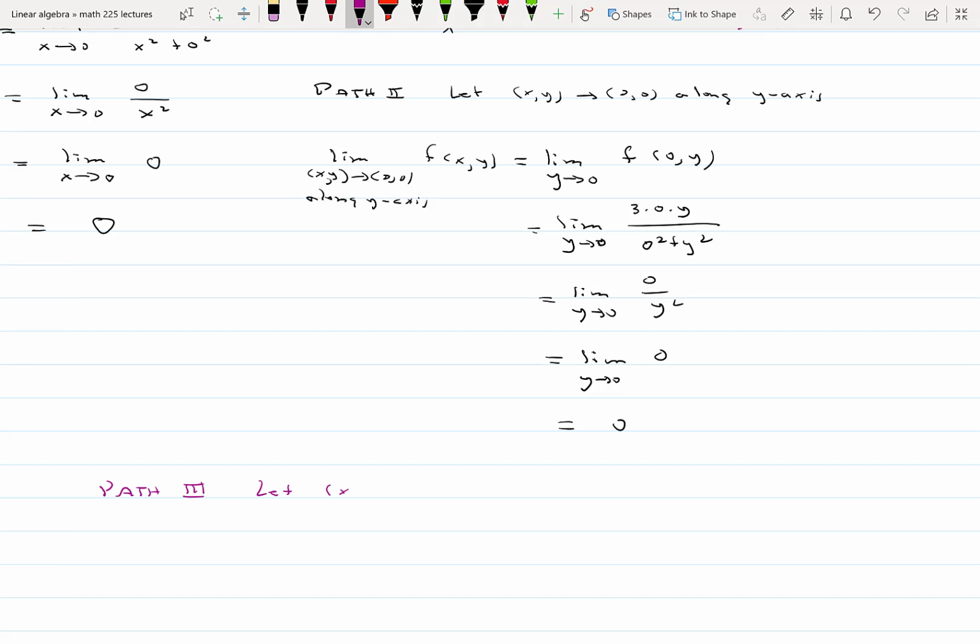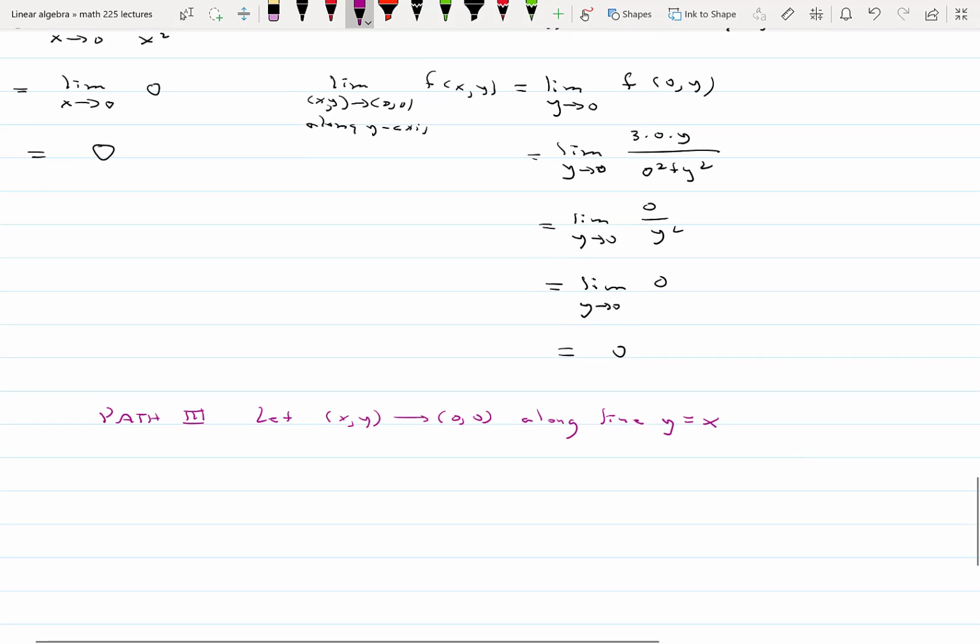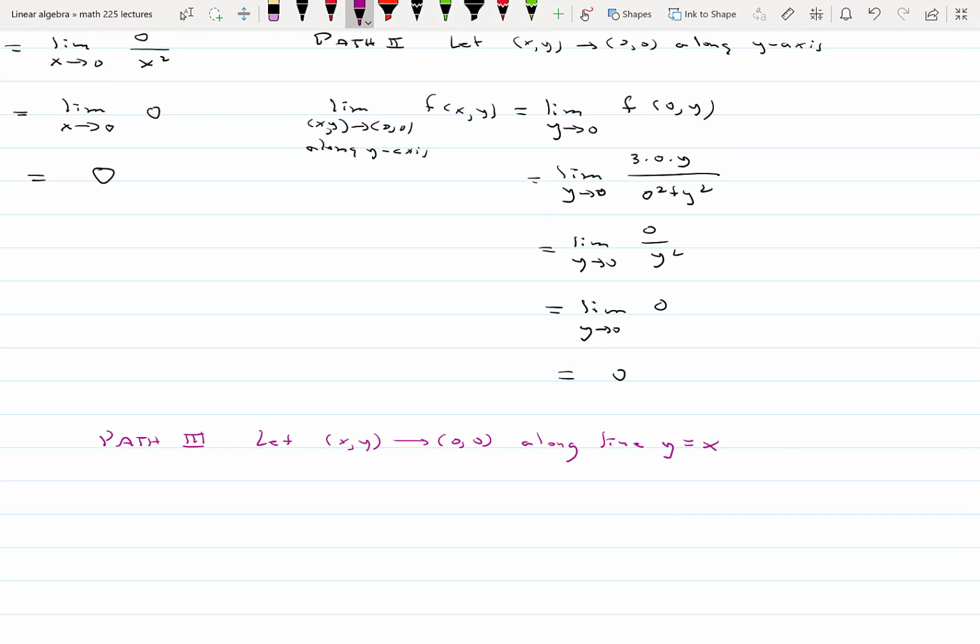Let x and y approach the origin along the line y equals x, and see what happens. This is the limit as x and y approach the origin, along y equals x, of f of x, y.